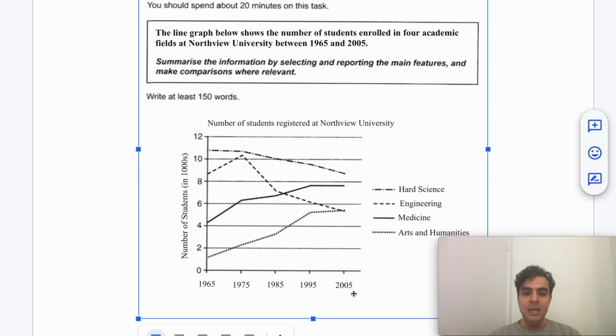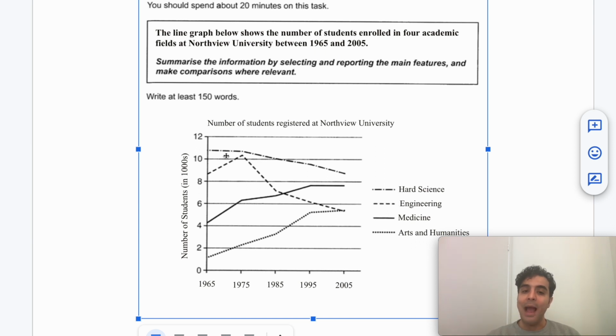So as you can see, we have a breakdown of 10-year intervals, right? So from 65 to 75, 75 to 85, to 95, and to 2005, 10-year intervals. Now you could expect days, months, hours, so the scale can vary. But what you will notice is that in the majority of cases, the horizontal axis represents time.